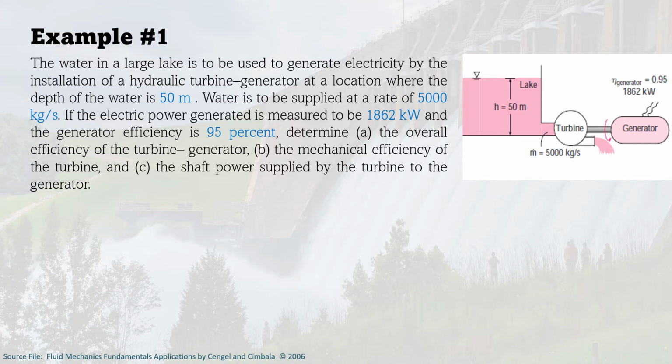If the electric power generated is measured to be 1,862 kilowatts and the generator efficiency is 95%, determine the overall efficiency of the turbine generator, the mechanical efficiency of the turbine, and the shaft power supplied by the turbine to the generator. So here is the illustration.